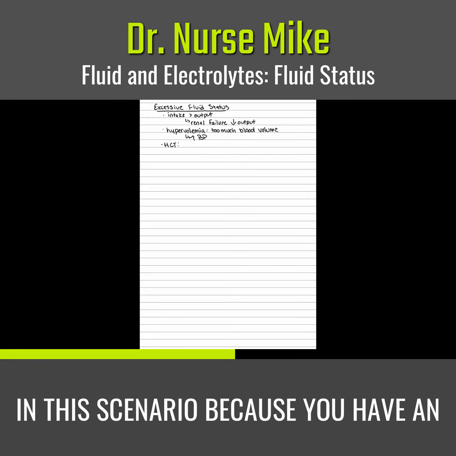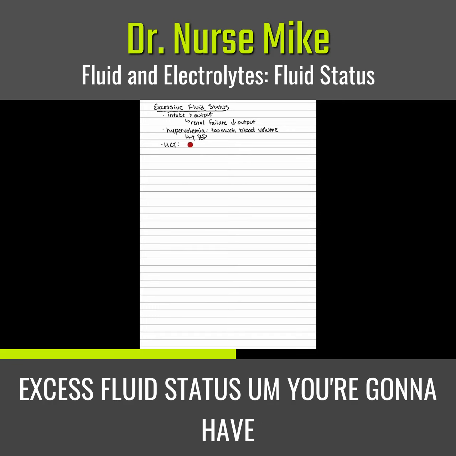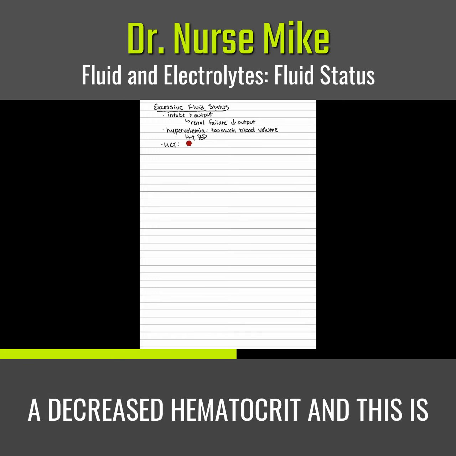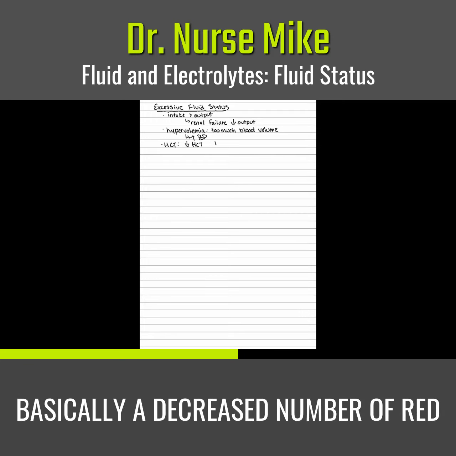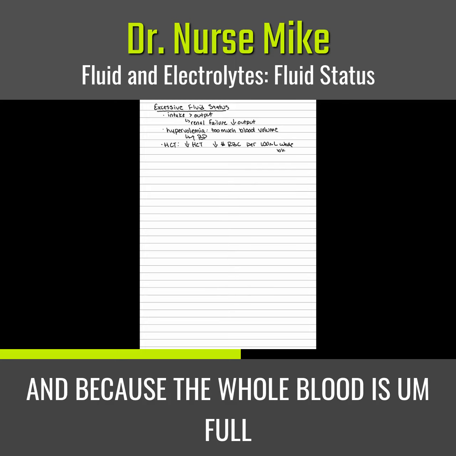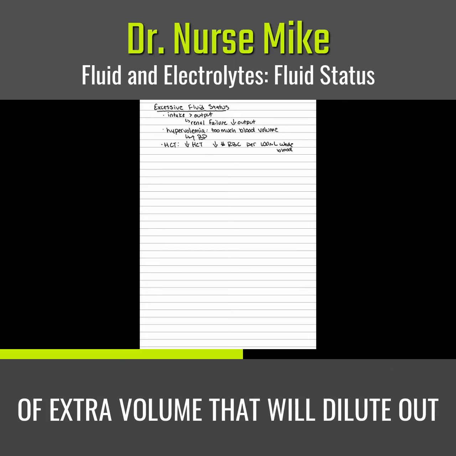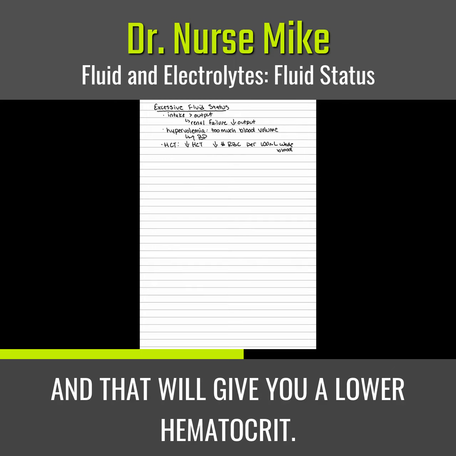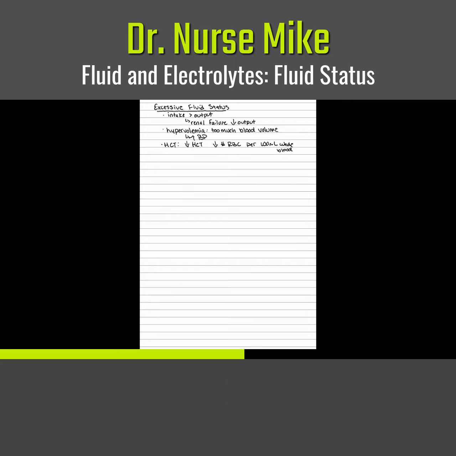In this scenario, because you have an excess fluid status, you're going to have a decreased hematocrit. And this is basically a decreased number of red blood cells per 100 mLs of whole blood. And because the whole blood is full of extra volume, that will dilute out your red blood cells, and that'll give you a lower hematocrit.